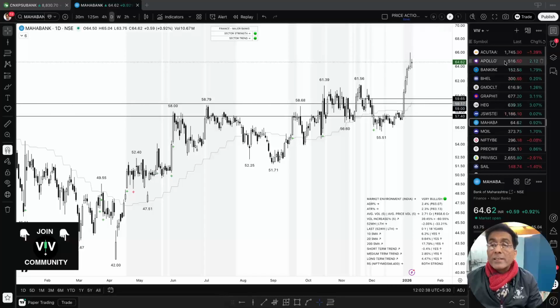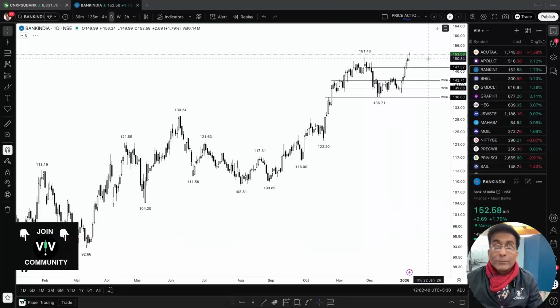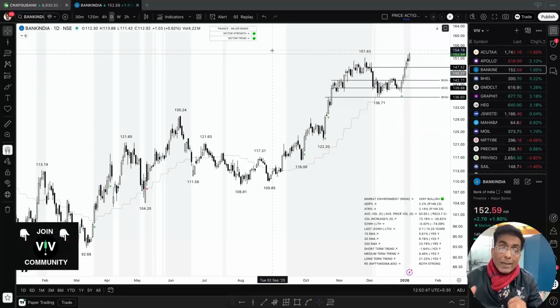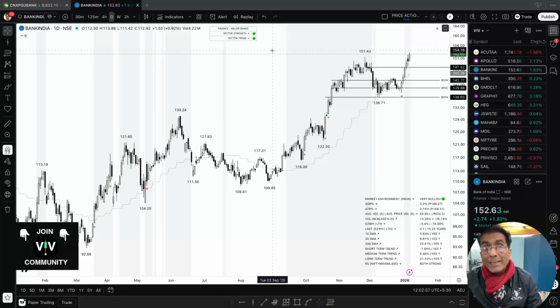So I bought it. Same is with Bank of India. I also bought it here. Same story, it is aligning with the sector. As I said, if the sector is weak but the stock is showing strength, it is already breaking out. That means it is the leader of that sector.